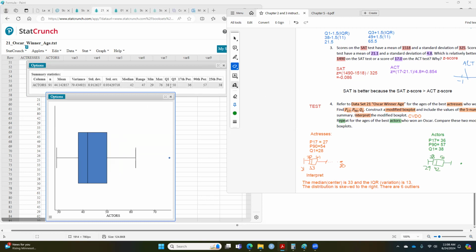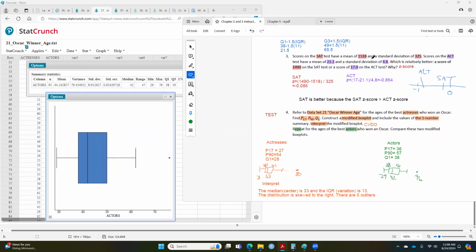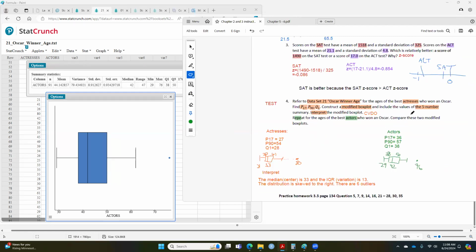And the max, where is my max? 76 right here. Again, 76 is the end point. Students who put 76 right over here, that is considered wrong. So make sure you know how to label your 5-number summary.